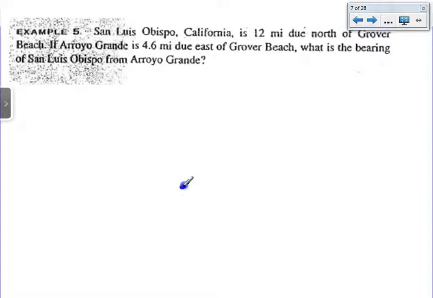So let's say this point right here is Grover Beach. And then 12 miles due north of him would be San Luis Obispo. Then Arroyo Grande is 4.6 miles due east of Grover Beach. Now, obviously not drawn to scale at all.